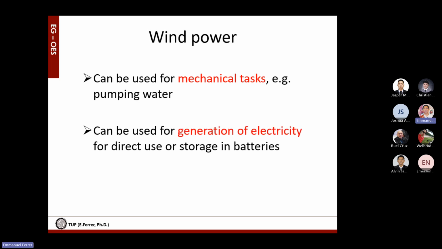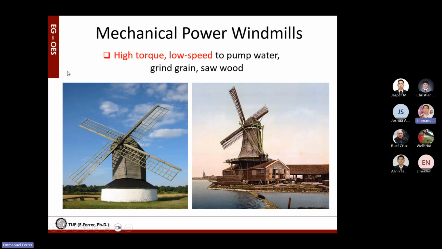So now, it can be used for the generation of electricity, and can also be used for direct use, it can be stored also in batteries. Ito yung mga lumang windmill talaga, pang-agricultural application. Those mechanical power windmills are high torque and low speed.